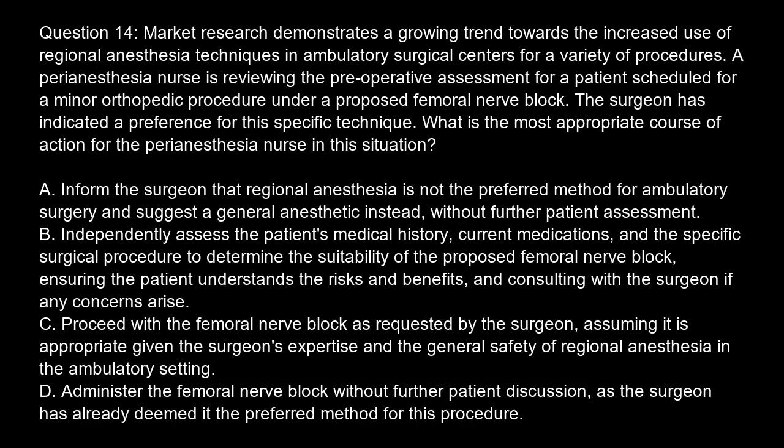Option C. Proceed with the femoral nerve block as requested by the surgeon, assuming it is appropriate given the surgeon's expertise and the general safety of regional anesthesia in the ambulatory setting. Option D. Administer the femoral nerve block without further patient discussion, as the surgeon has already deemed it the preferred method for this procedure.